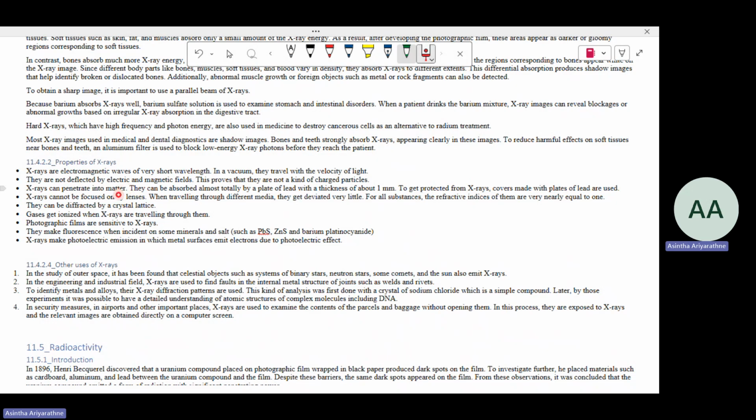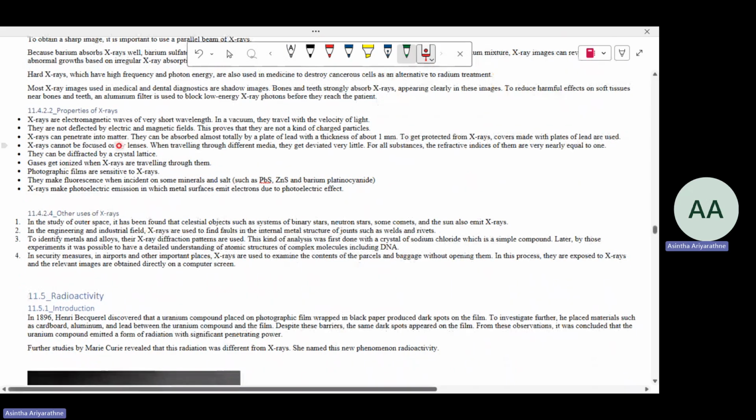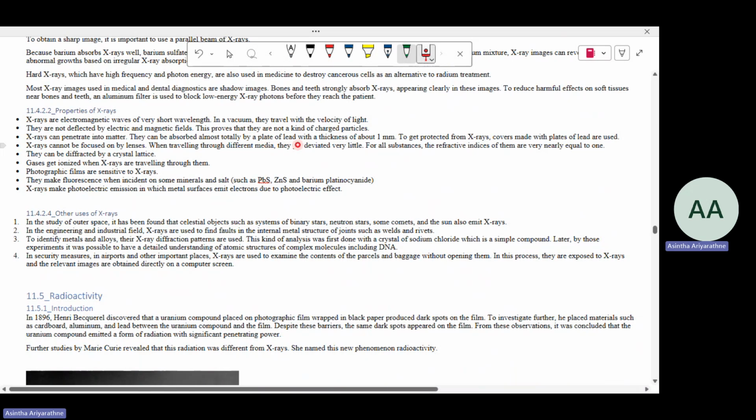They can penetrate into matter, but can be almost totally stopped by a lead plate of 1 millimeter thickness. To get protected from X-rays, covers or plates of lead are used. They can be refracted by crystal lattices.